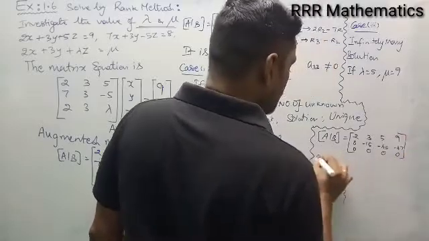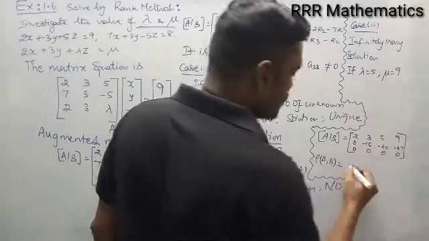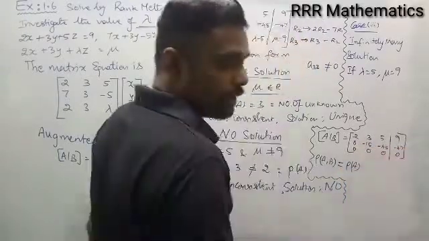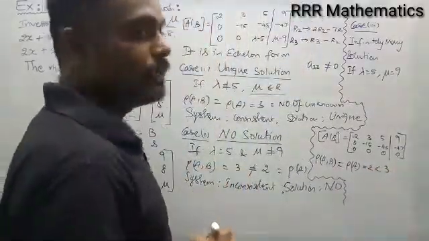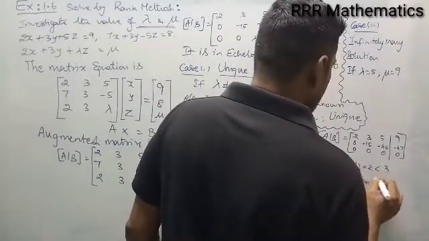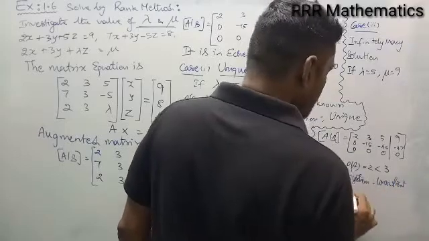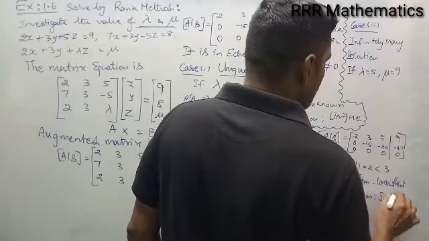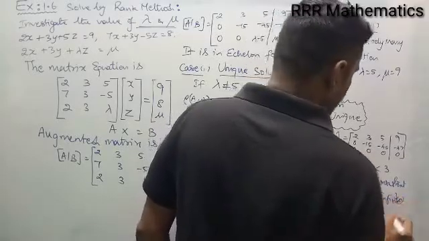Got it? So in this case the rank of A comma B will be 1, 2, two non-zero rows, and the rank of A will be 1, 2 for the first 3 columns, equal to 2, less than 3. What is 3? Number of variables. So in this case the system is consistent, solution will be infinite.